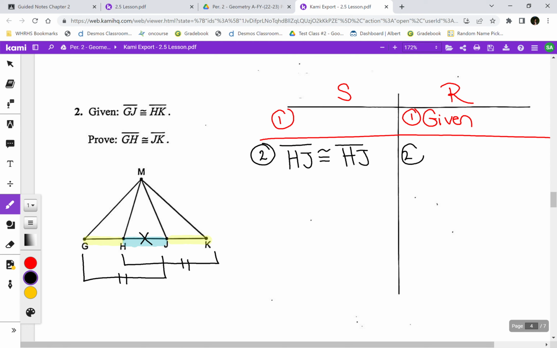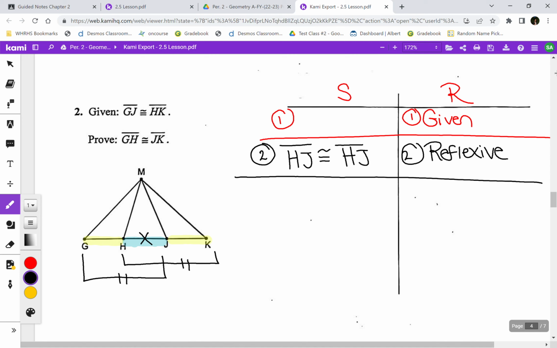Your reason will be reflexive because any segment or angle is congruent to itself. And that's letting the reader know that we're using the segment twice. We're going to subtract it from the left side, and we're also going to take that same segment and subtract it from the right side. So it's sort of declaring that we're using this twice.